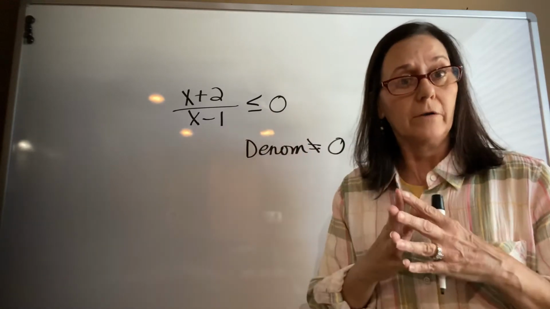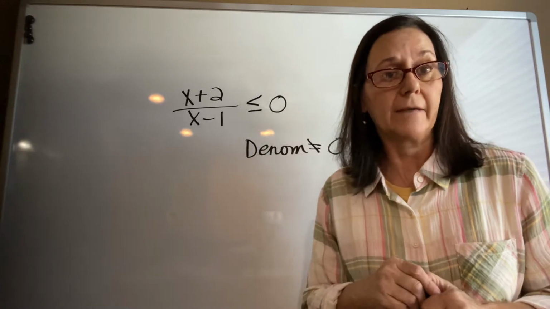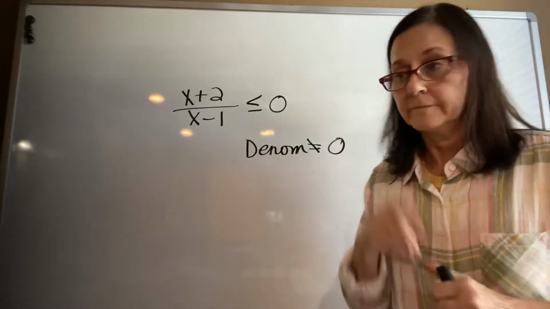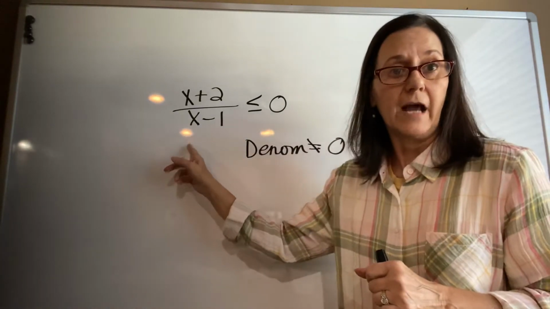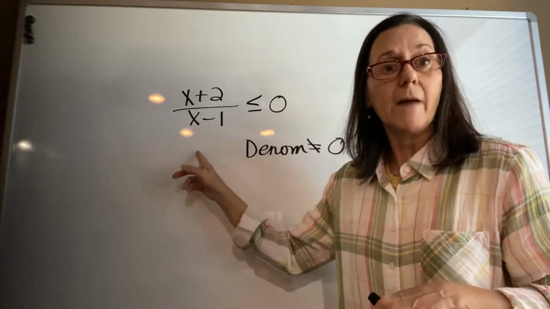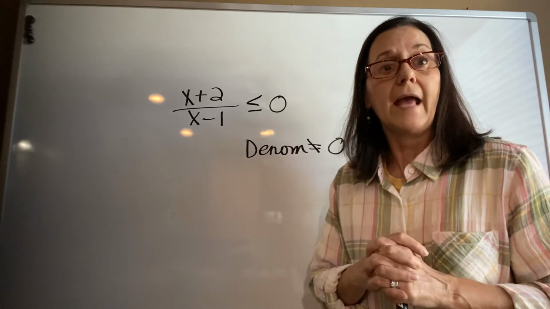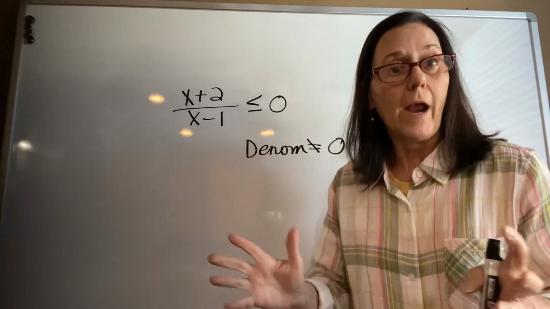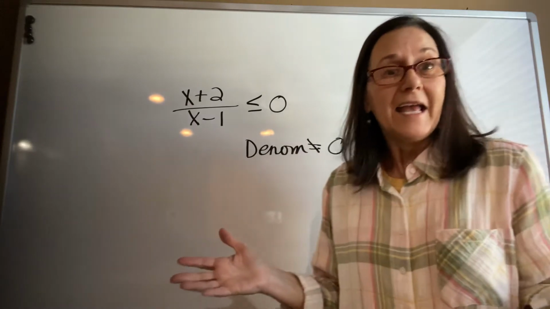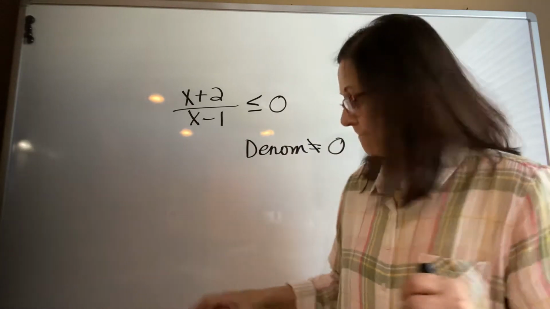So in order to remedy that and know that what we're multiplying by is a positive number, we're going to square the denominator. So we're going to multiply every term by the denominator squared. In this case, we'd multiply by x minus 1 squared, because even if the denominator is negative, once we square it, it's a positive value, right?